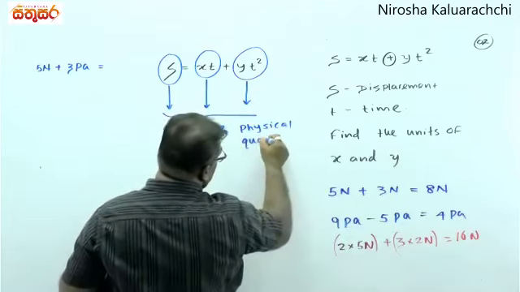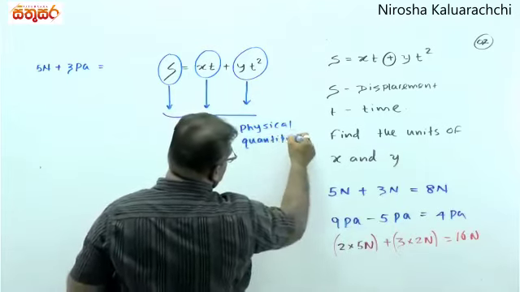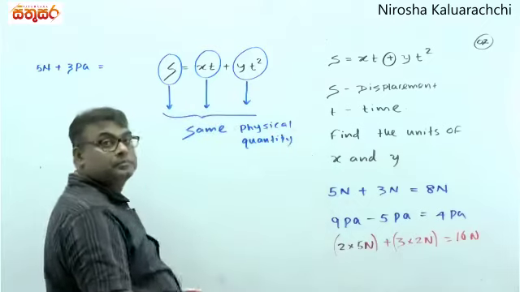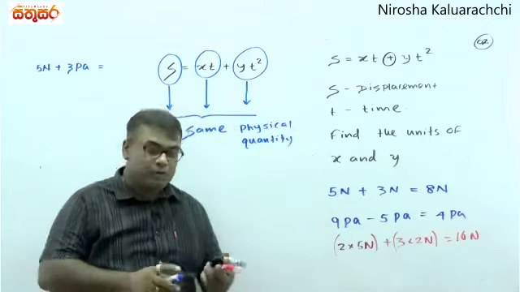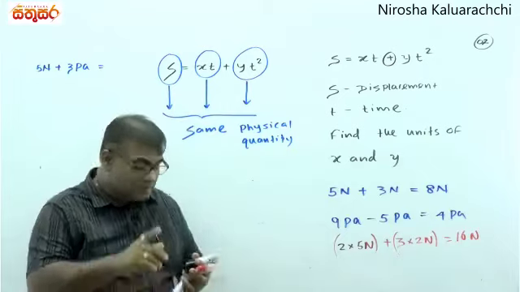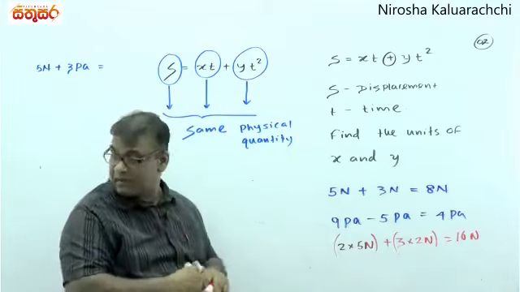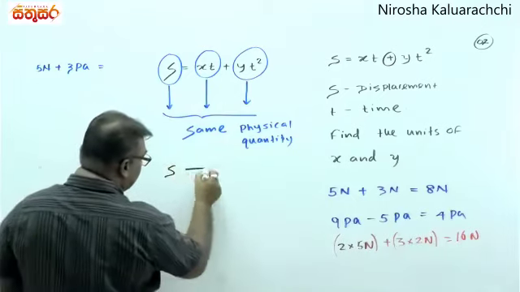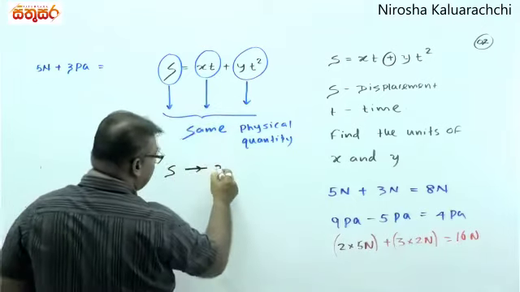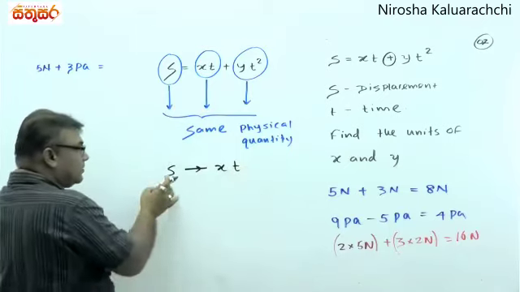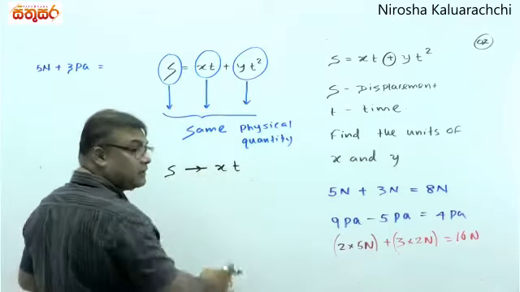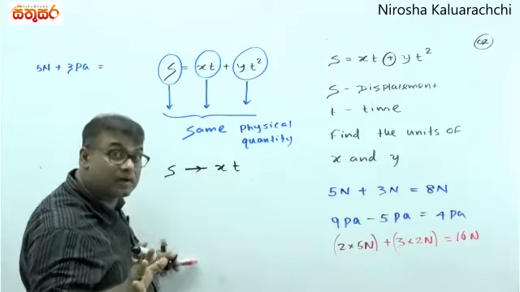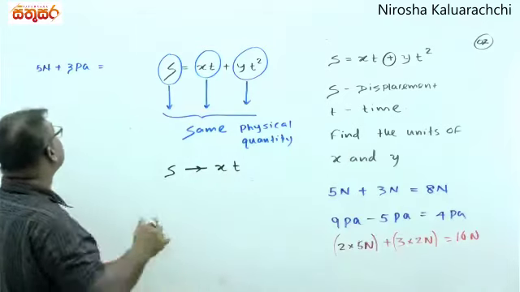They should have similar properties. Then you can say what? S is unit-wise equal with xt, S unit-wise equal with xt, not magnitude-wise, right? Not magnitude-wise here.